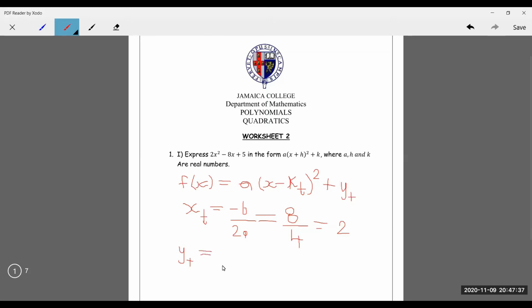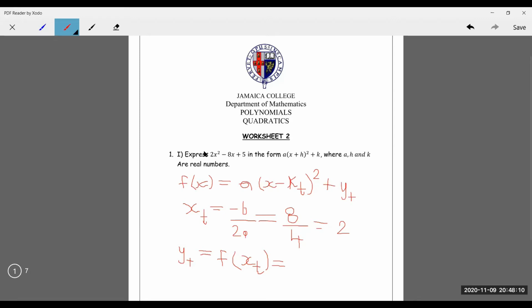So when we find xt, we can then find yt by finding f of xt. f of xt in this case is going to be 2 times 2 squared minus 8 times 2 plus 5.